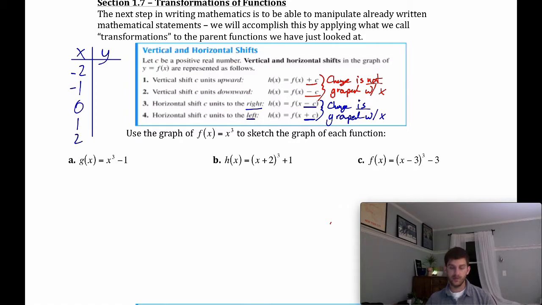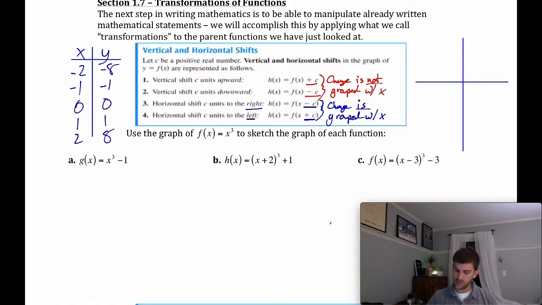If you cube -2, you get -8. -1 cubed is -1. 0 cubed is 0. 1 cubed is 1. 2 cubed is 8. And then let's make a quick graph, and let's do the best we can to make it reasonably to scale. We only go 2 to the left and 2 to the right, and then we need to go up to a total of y equals 8, and then down to -8.